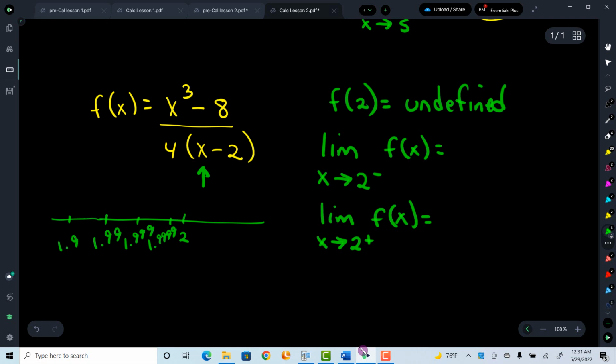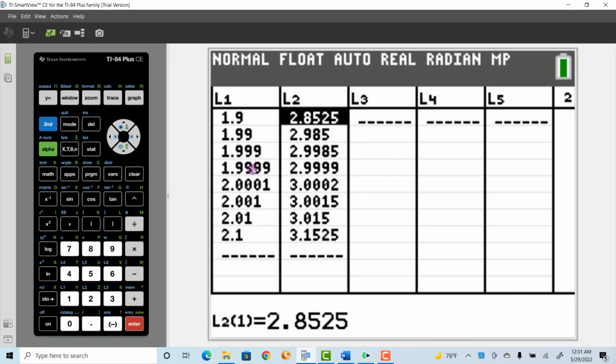So if I want to get real close to this point x equals 2, I'm looking at 1.9999. Well, what's happening with the y values? I already plugged the formula in here. So we've got 2.8525, 2.985, 2.9985, 2.9999. What's the y getting close to? It looks like 3.